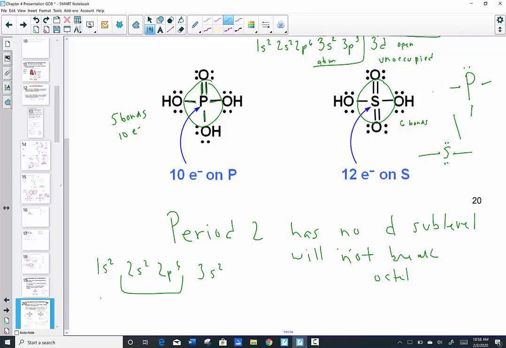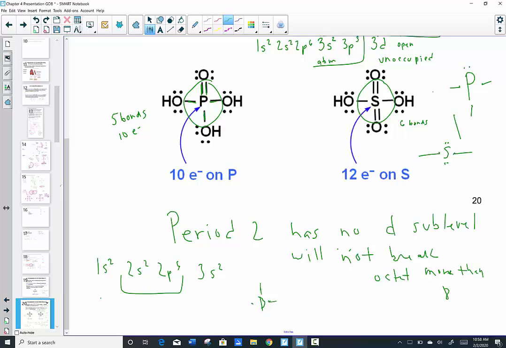In other words, it won't have more than 8. So when I say break the octet rule, I mean having more than 8 electrons. Boron clearly broke the octet rule, but it was not going over 8, it was going under 8. It had 6, by the time it formed 3 bonds, only 6 valence electrons.